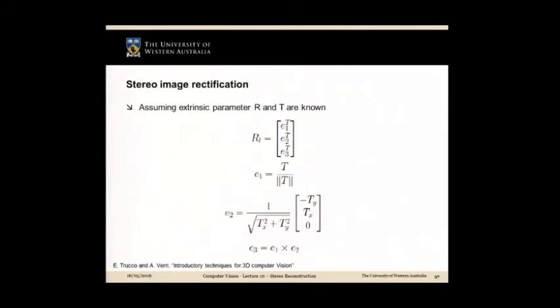Now, just again talking more about stereo image rectification, we have just these few expressions. RL just comprises of your epipoles e1, e2, and you have these different representations of epipoles given here.